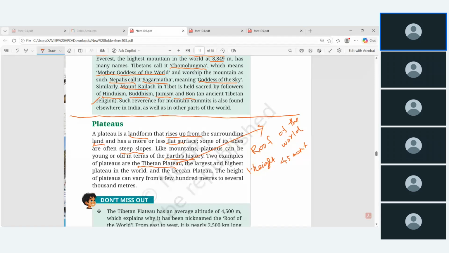Then second, it is surrounded by two highest summits, summits meaning sigaram. One is Everest.